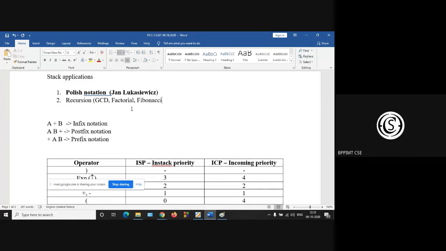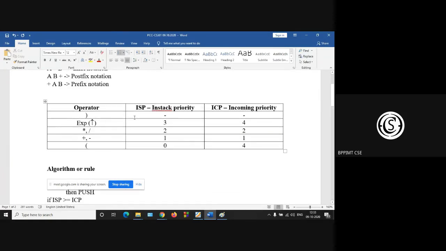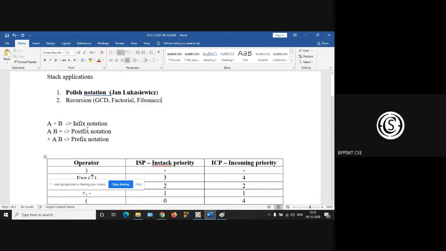In your lab, you can convert infix to prefix also. For theory, infix to postfix conversion is most important, and this is only the Polish notation conversion.